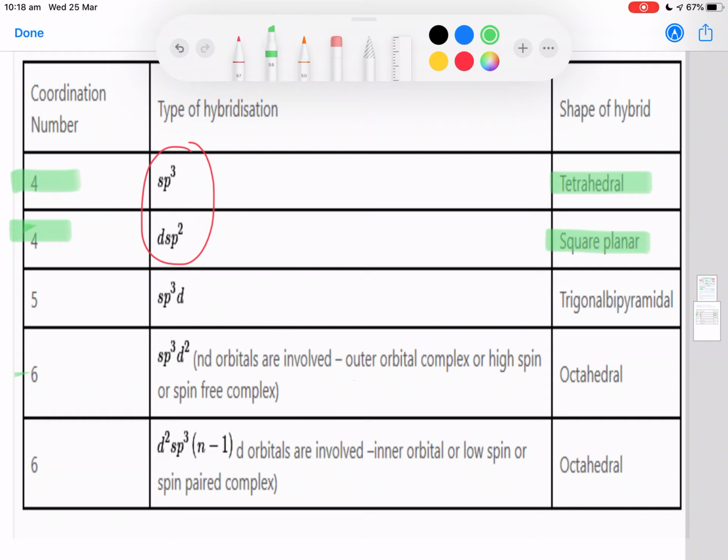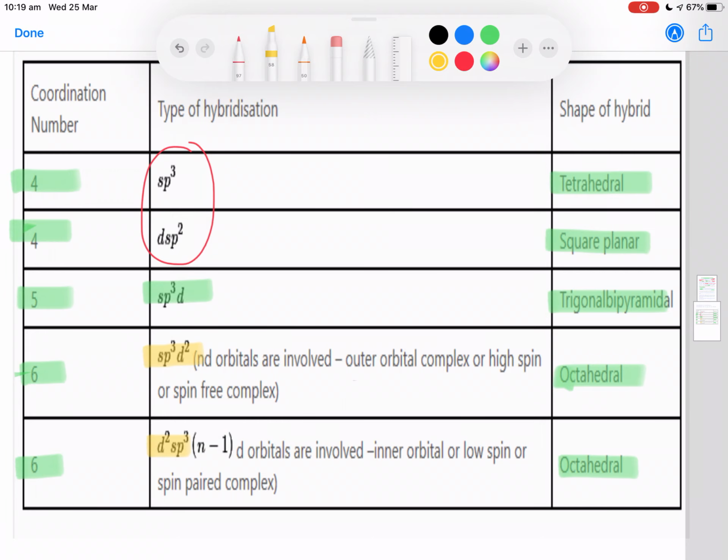Likewise, if your coordination number is 5, hybridization comes out to be sp3d and the shape becomes trigonal bipyramidal. Another important thing I already mentioned is that if the coordination number is 6, the shape is octahedral in both cases, but here the hybridization is different. It could either be sp3d2 or it could be d2sp3.